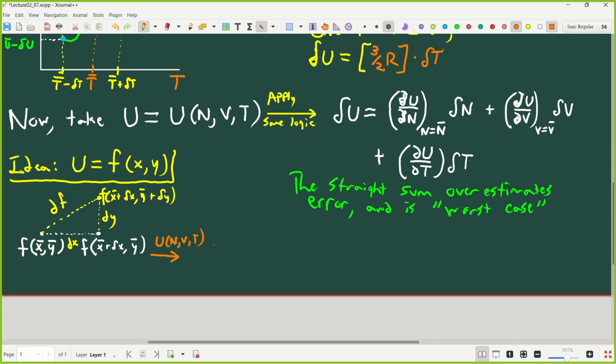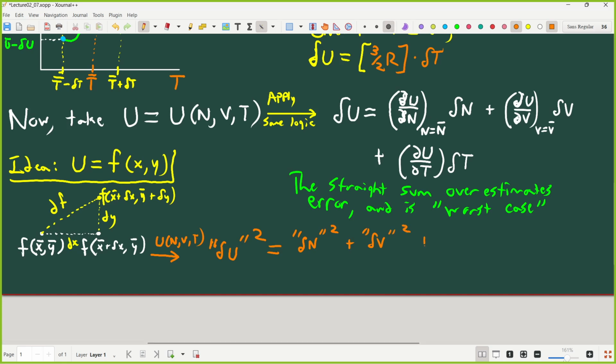And what that says is that delta u squared, I'm getting my d's wrong, I apologize, du squared is equal to the error in n squared plus the error in v squared plus the error in t squared.